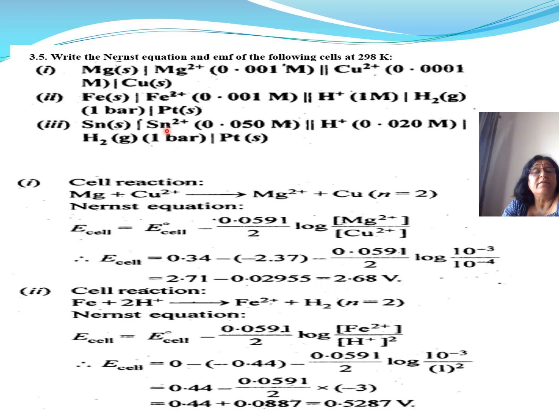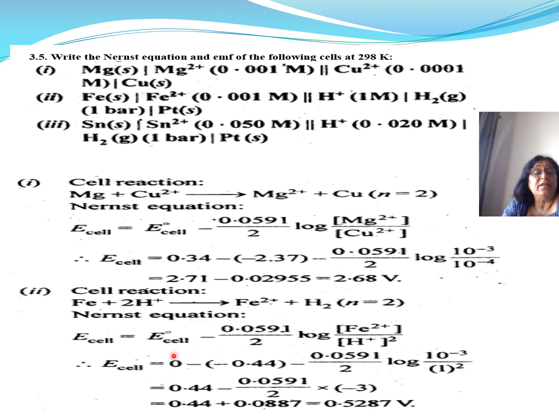Then the next one is Fe, Fe2+, H+, H2. So iron is getting oxidized. The cell reaction is Fe gives you Fe2+, and 2H+ gives you hydrogen. Again there is a transfer of 2 electrons. So E cell equals E naught cell minus 0.0591 upon 2 log to the base 10 of Fe2+ upon H+ squared.